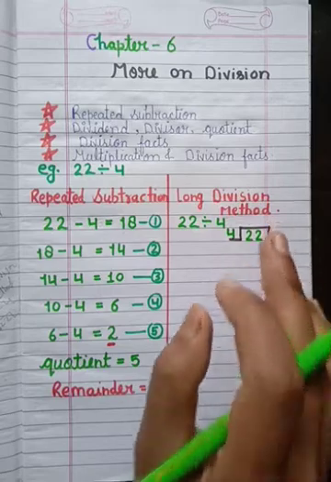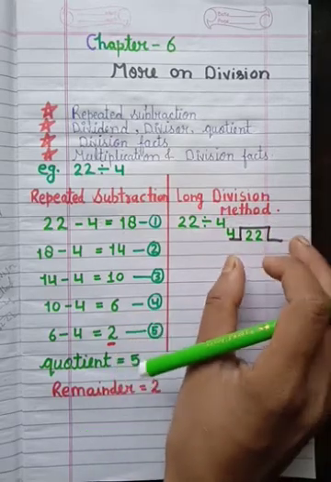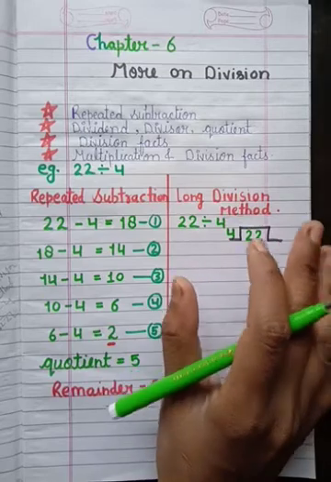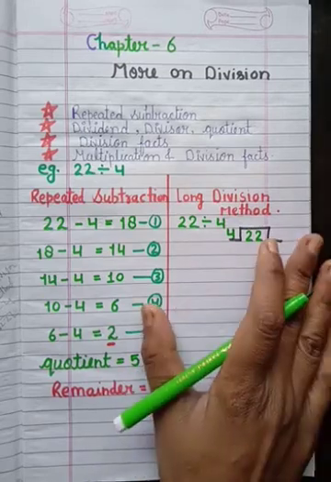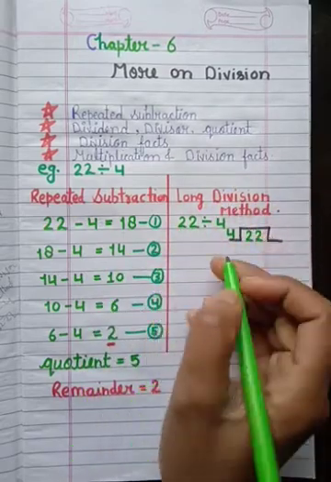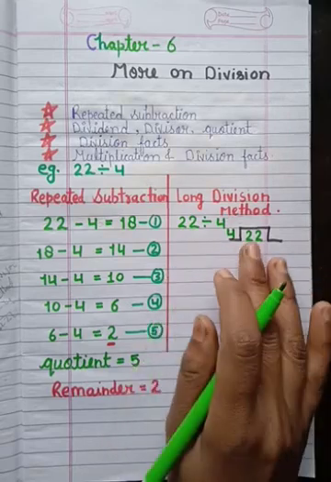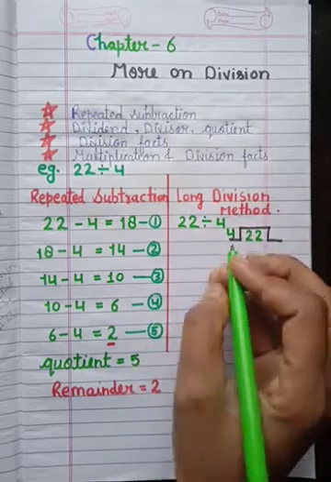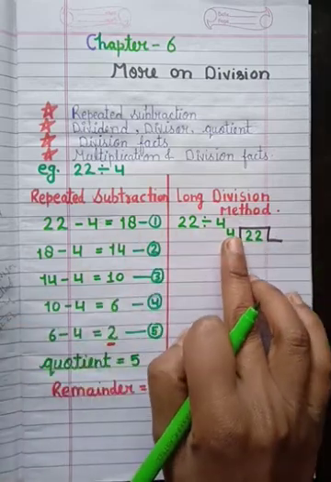Remember students, if you have not learned tables, then learn tables, because tables are really very important for division. Obviously you all have learned the table of 4, so now I am going to recall the table of 4.